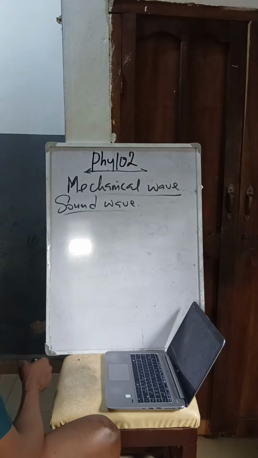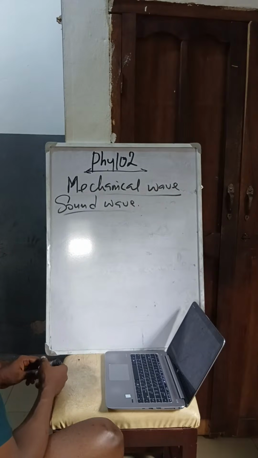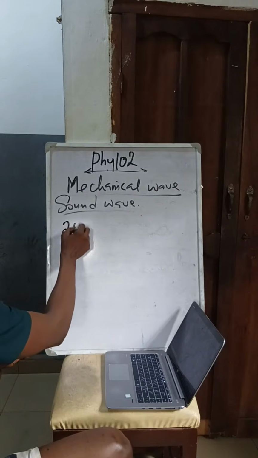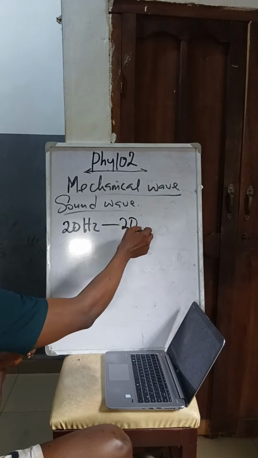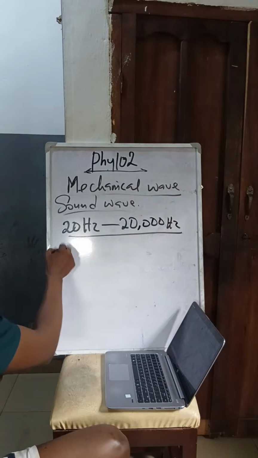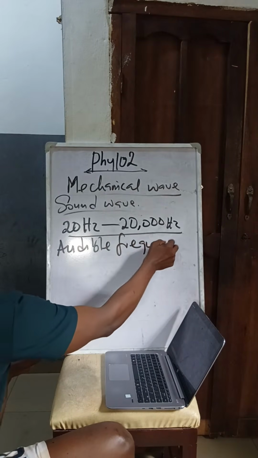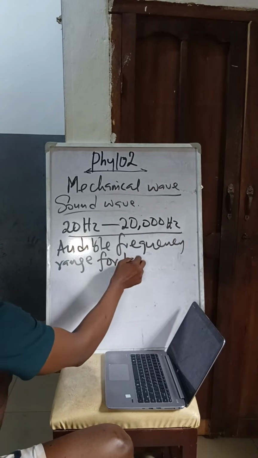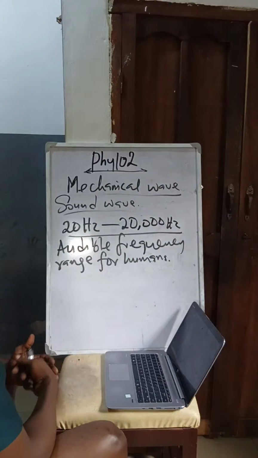Okay, so what is the audible frequency range for humans? The audible frequency range for humans is 20 hertz to 20,000 hertz.